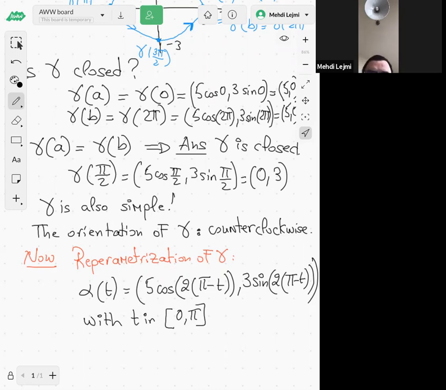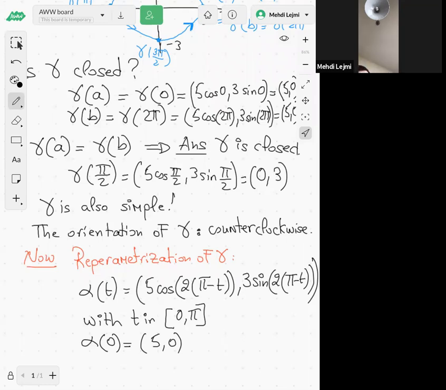For example, if you do alpha of 0, if you replace t by 0, that will be the point (5, 0). Then you have 5 times cosine of 2 pi. Cosine of 2 pi is 1, so that's 5, and sine of 2 pi is 0.